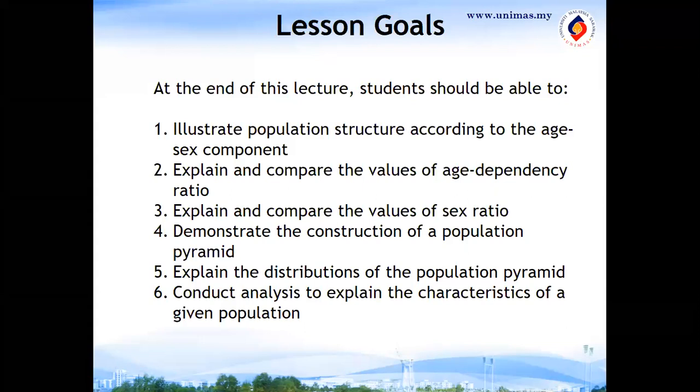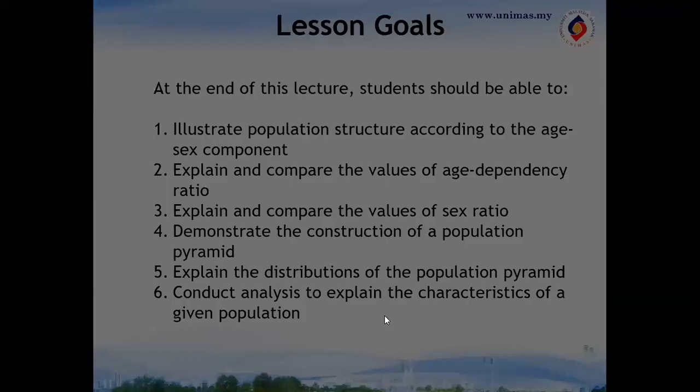Number five, you should be able to explain the distribution of the population pyramid. And number six, you should be able to conduct analysis to explain the characteristics of a given population. Okay, so that is the goals, or rather the learning objectives, of this class for today.